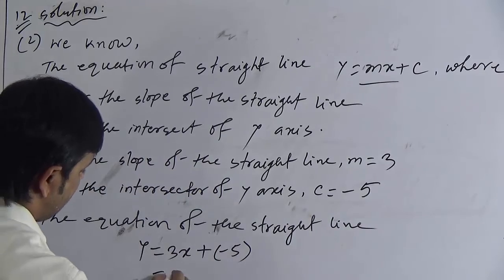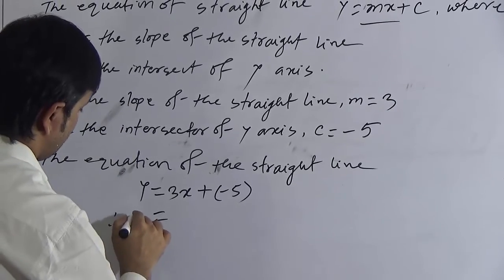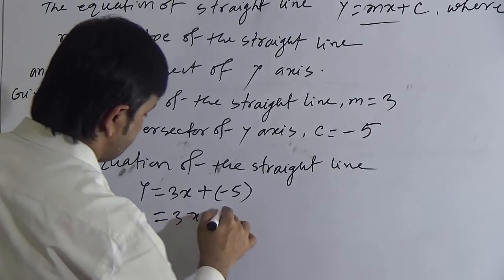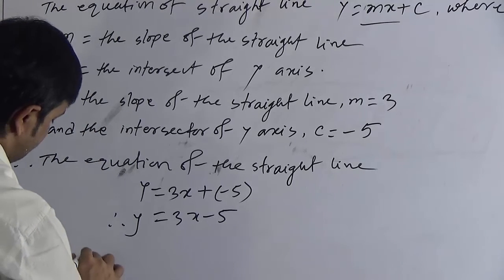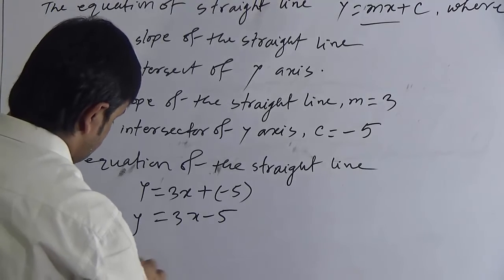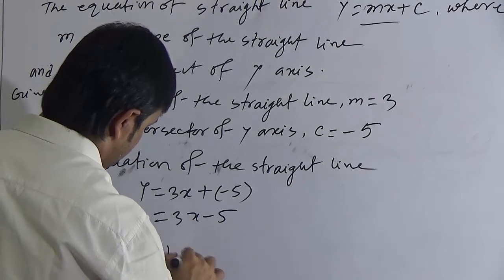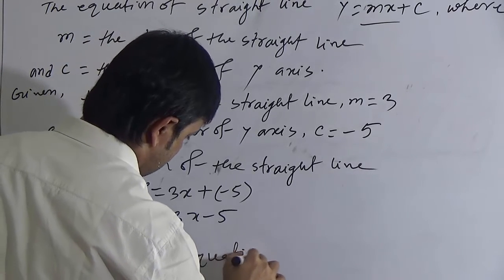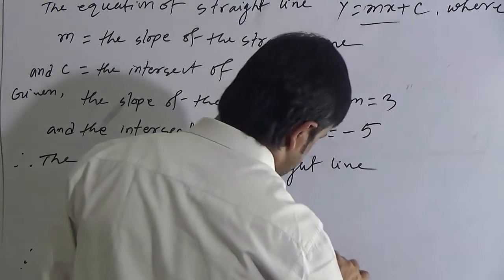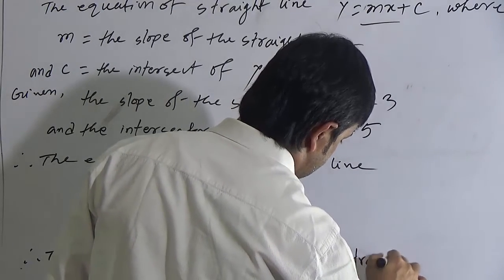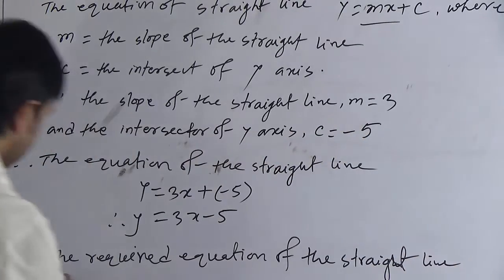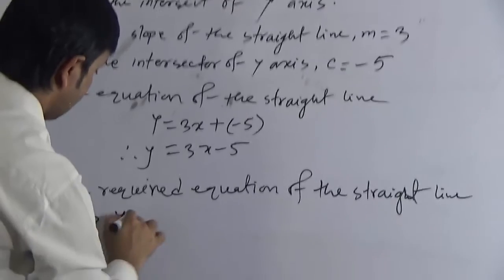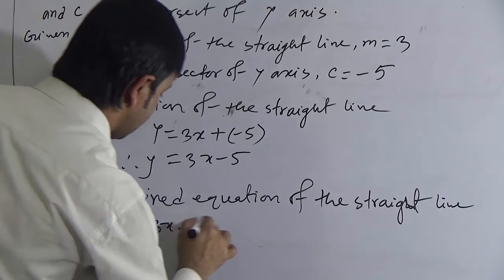So this will be y equal to 3x minus 5, which is the required equation. Therefore the required equation of straight line is y equal to 3x minus 5.